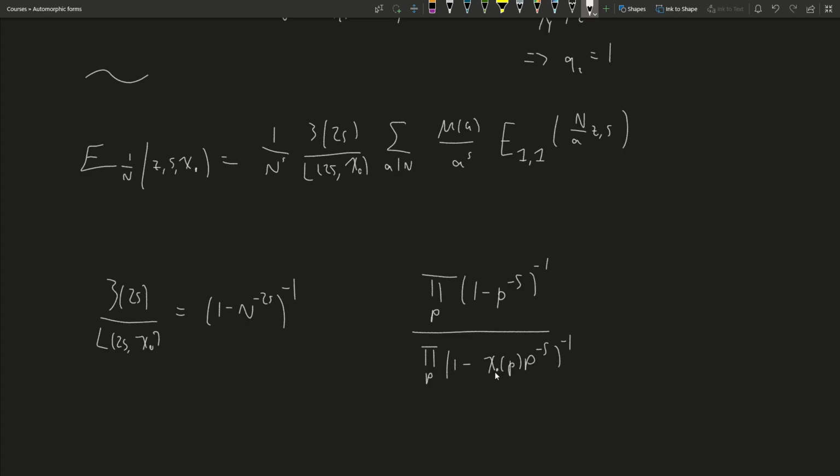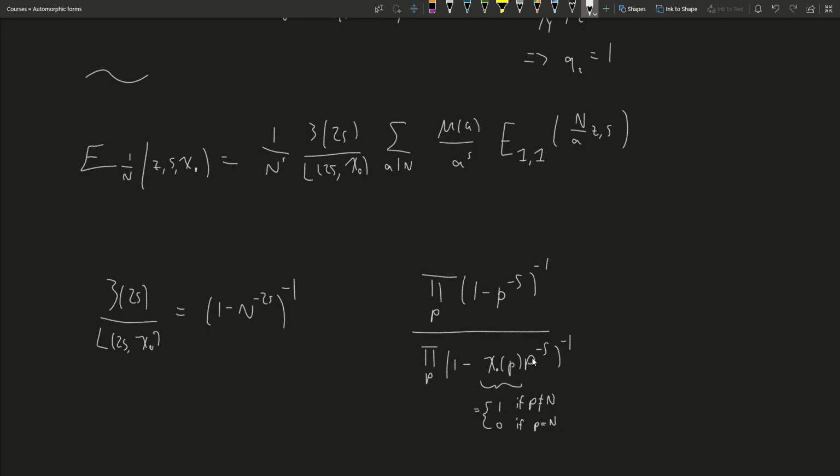And chi naught, the trivial character mod n, is going to be 1 for every prime except when you have p equal to n. So when p equals n, then this is 0. So this is 1 if p is not equal to n, and 0 if p is equal to n.